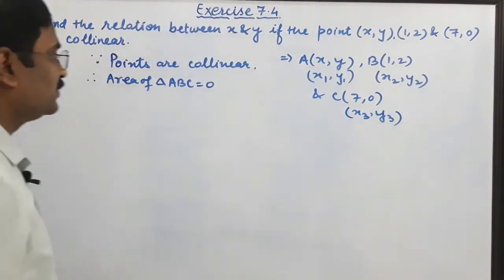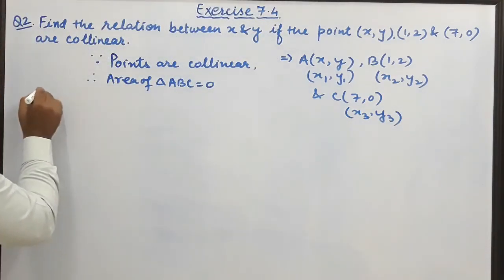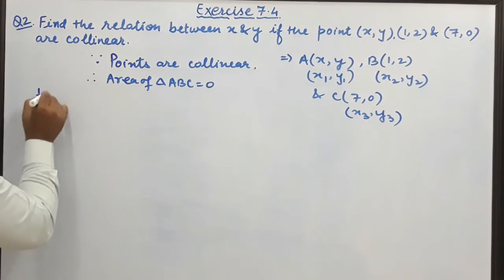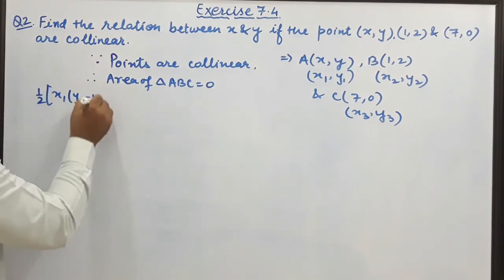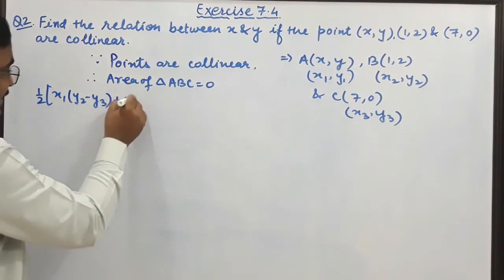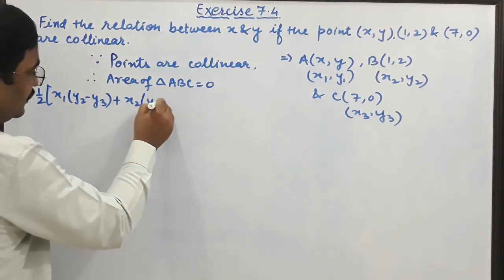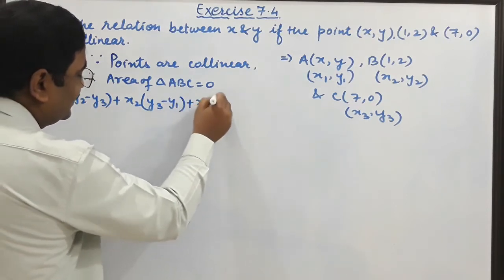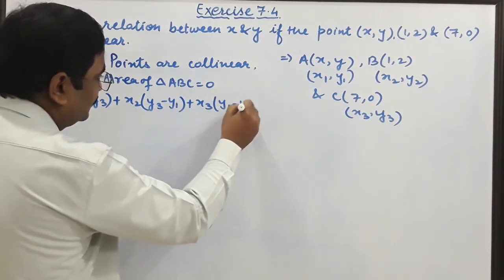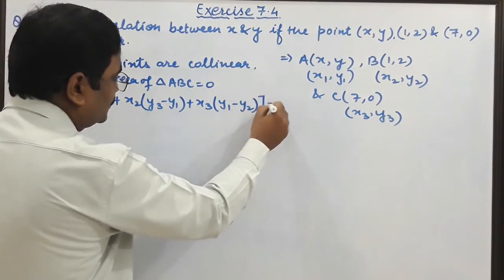Let us substitute these values in the formula of area, half into x1 (y2 minus y3) plus x2 (y3 minus y1) plus x3 (y1 minus y2) equals to 0.